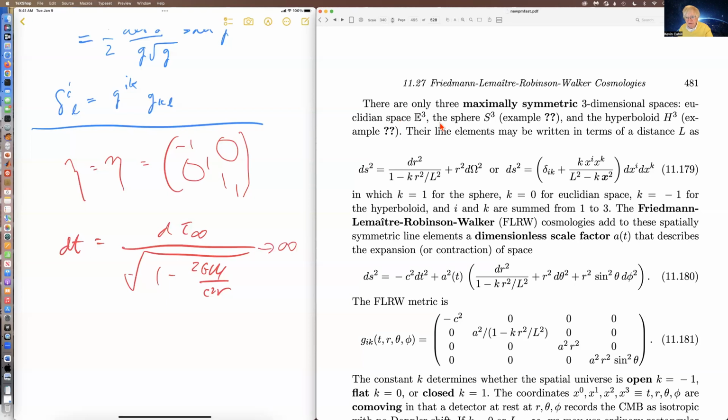So it's one of these three, and then they added in time as a scale factor. So time enters simply as the scale factor that expands one of the three maximally symmetric three spaces from the tiny Big Bang to the present very large size.